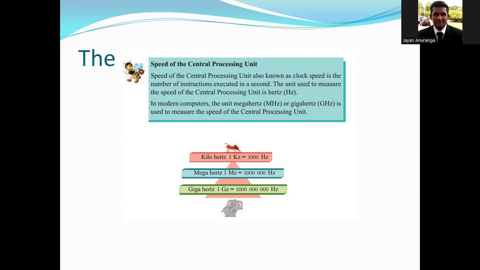When we go to This PC and then properties, we can see the speed of the CPU in your laptops.